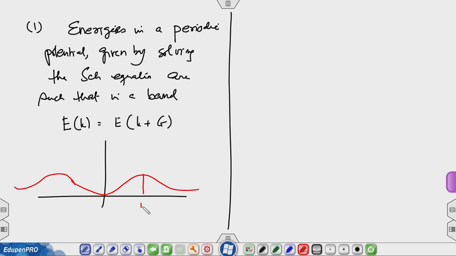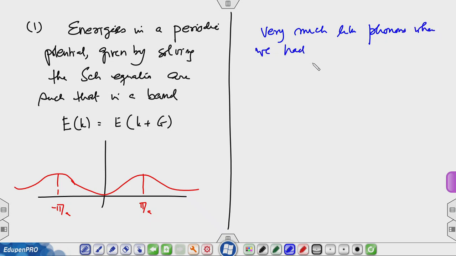And this is pi by a, minus pi by a. This is very much like phonons, where we had omega k equals omega k plus G for the acoustic as well as the optical branch.